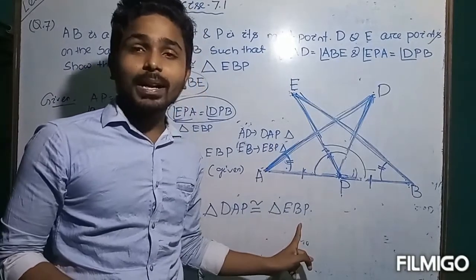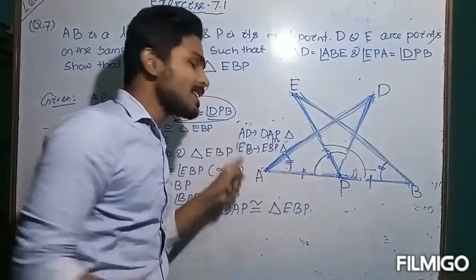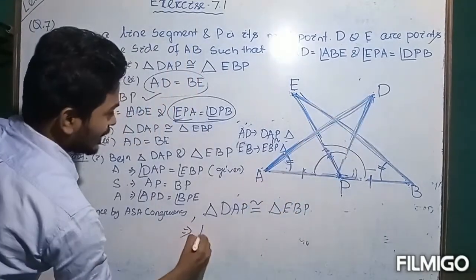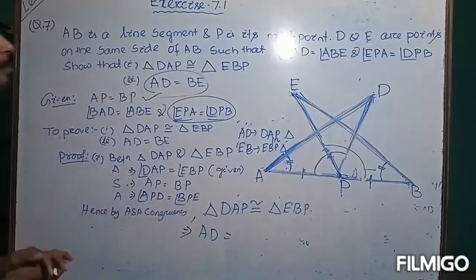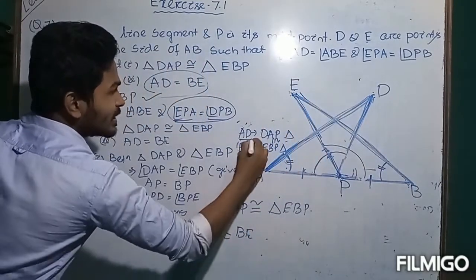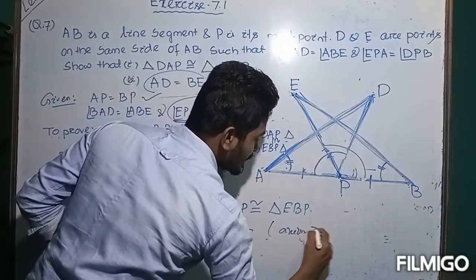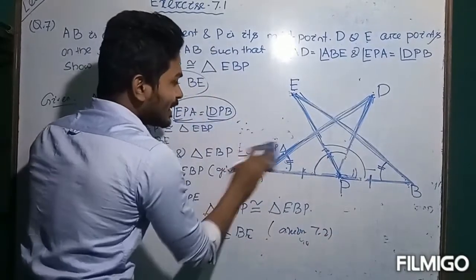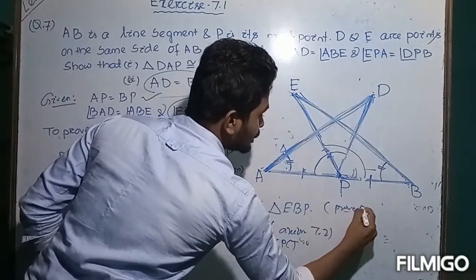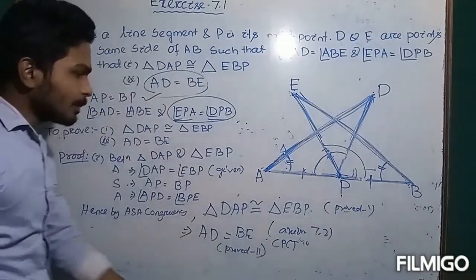And according to axiom 7.2, if two triangles are congruent, then their sides must be equal. So you can write this side AD is equal to this side BE, by axiom 7.2. Okay, this is the proof of one, and this is the proof of the second statement. Understood?